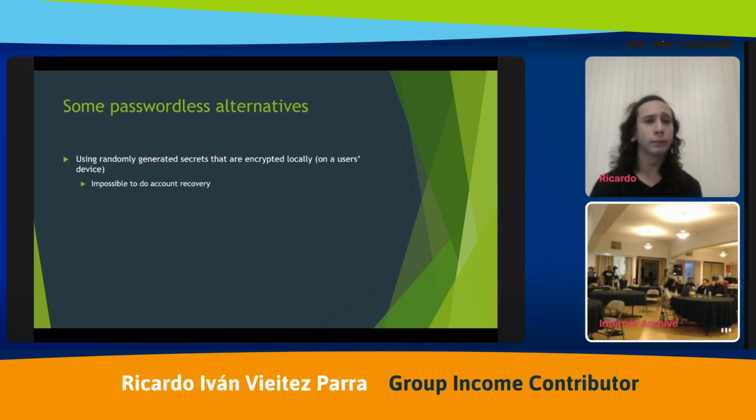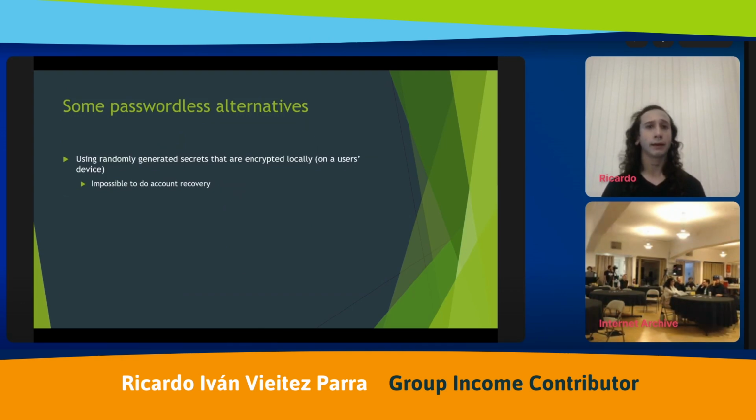So the first option would be the do-it-yourself approach. This would be the option of just generating some information when, say, the user registers. This has the downside that it's impossible to do account recovery because the information is stored on that device.